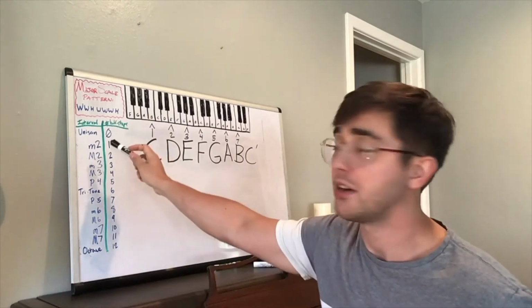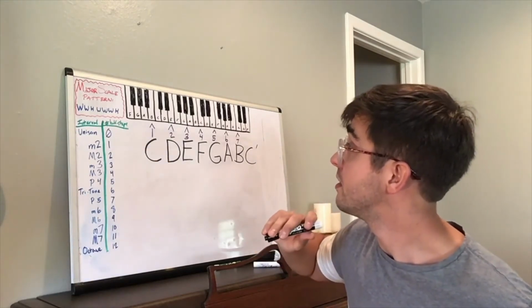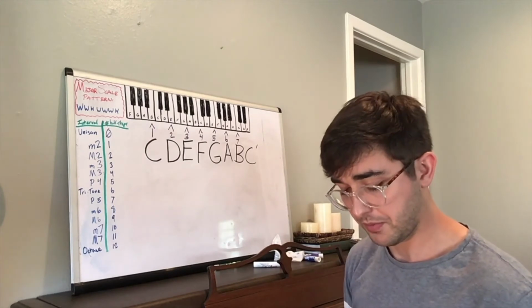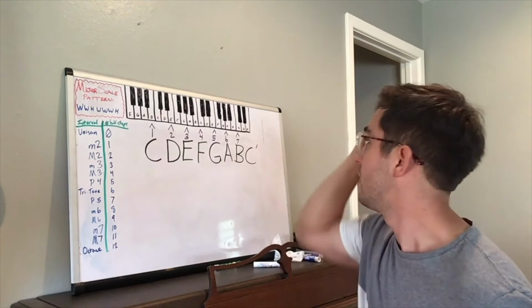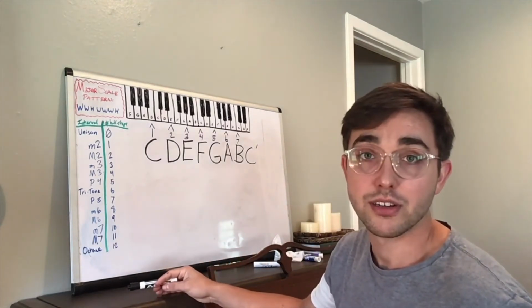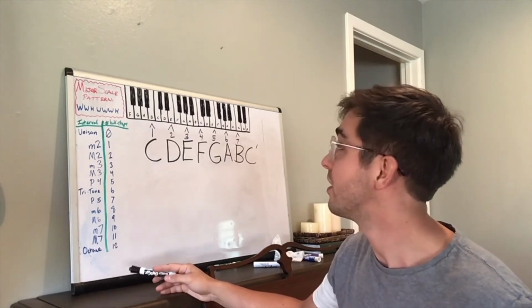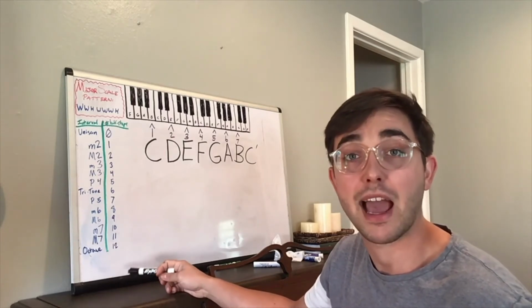So minor seconds, those have 1 half step. So there are 2 instances of this in the C major scale. And if you remember our pattern, the major scale pattern, whole, whole, half, whole, whole, whole, half, we find those minor seconds where those half steps are.